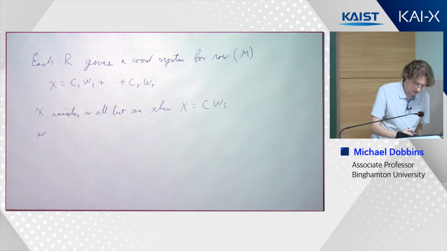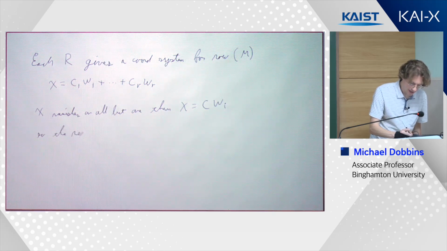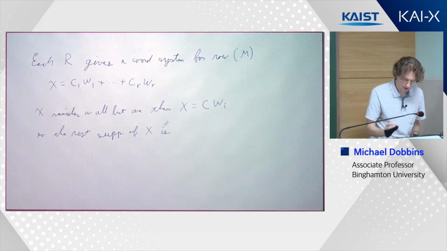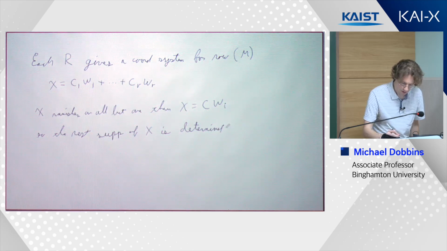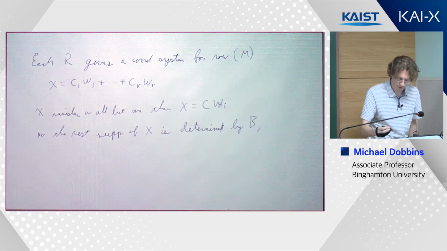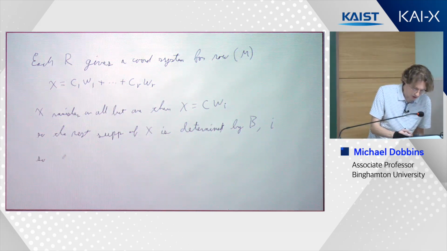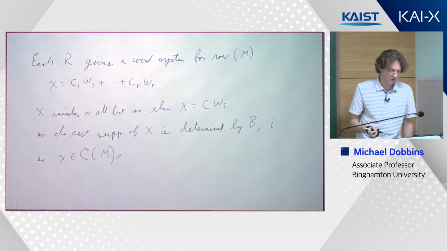This means that the rest of the support of X is completely determined by B and whichever one it doesn't vanish on. So then we know that X has to be a cocircuit. Why is that?